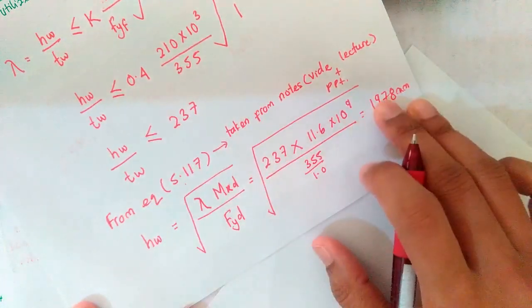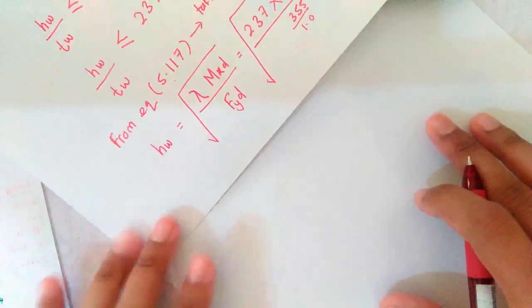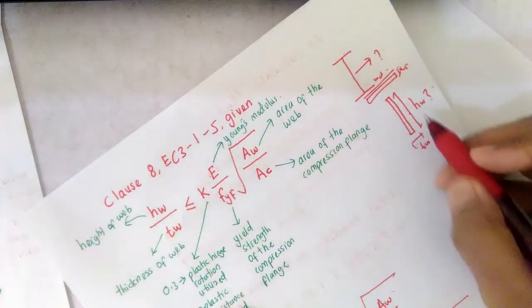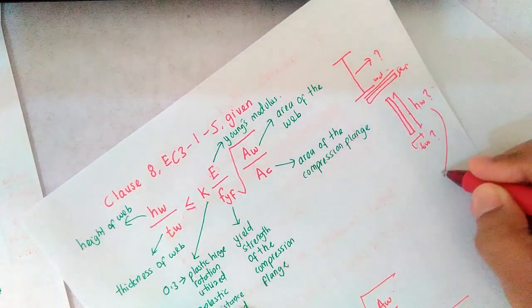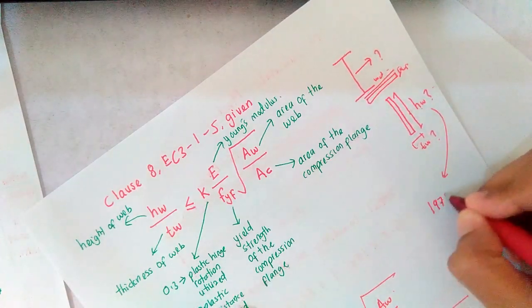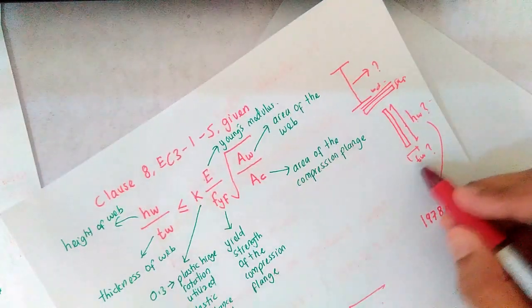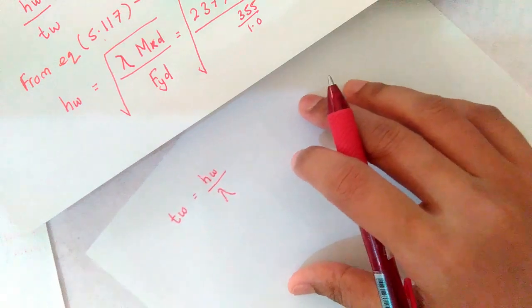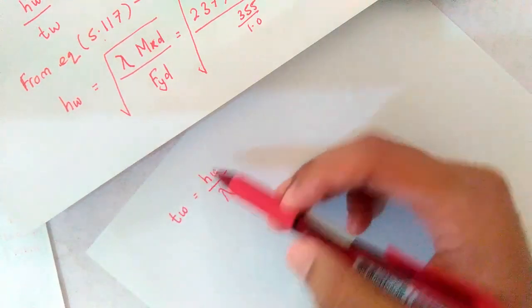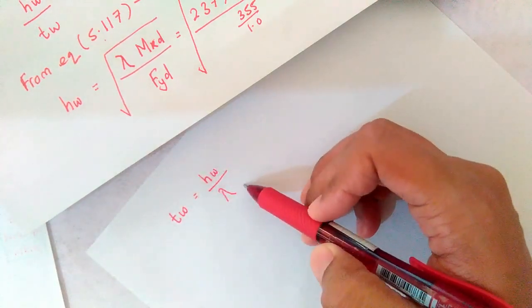So the height of web now is 1978 millimeter. Then we want to know your thickness of web. The thickness of the web is equivalent to HW over lambda.